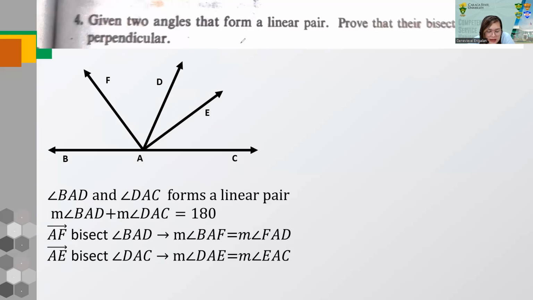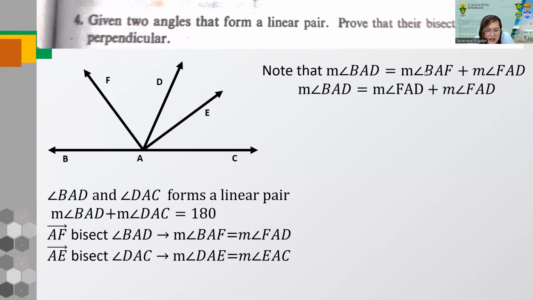So note that the measure of BAD is equal to BAF plus the measure of FAD. They are equal because AF bisects BAD, so we can replace BAF with FAD.